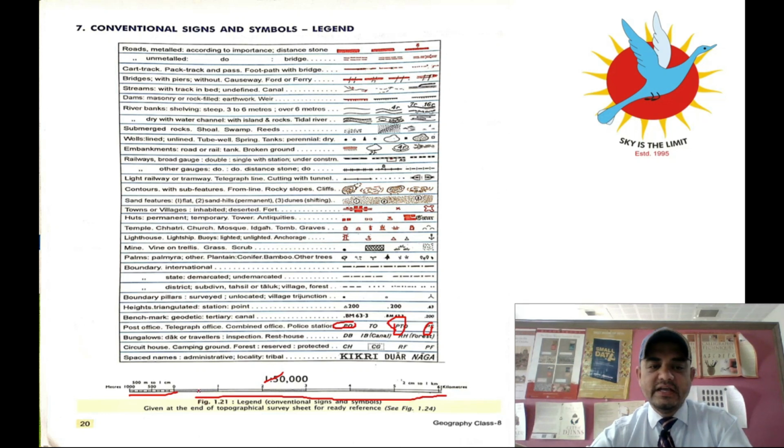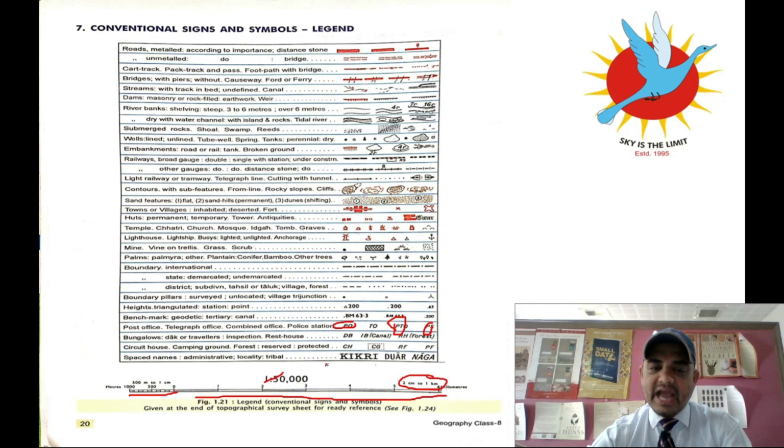One is the linear scale or graphical scale, and one is the statement: 2 centimeters equal to 1 kilometer. Your RF and statement will be almost fixed. This statement shows that 2 centimeters on the map is equivalent to 1 kilometer. This RF shows 1 centimeter on the map is equivalent to 50,000 centimeters on the ground.